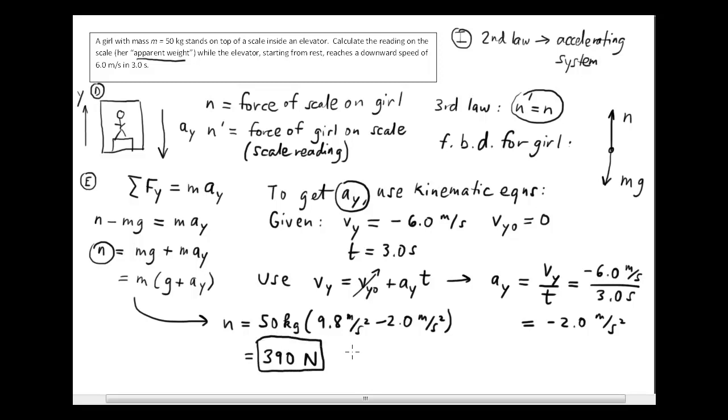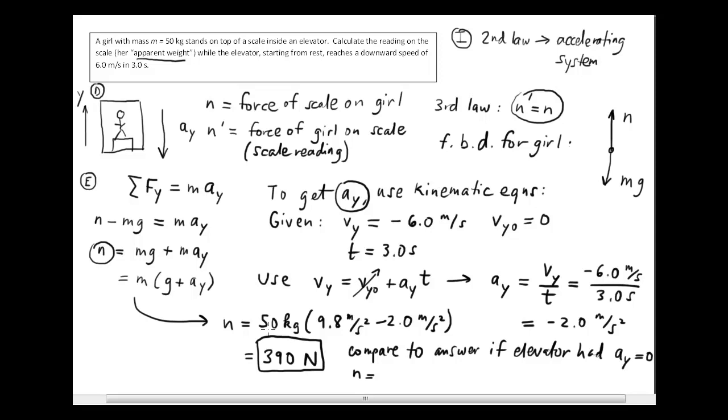Compare that to what the answer would be if the elevator were at rest. So if the elevator had a sub y equal to 0, then of course N would simply be 50 times 9.8.